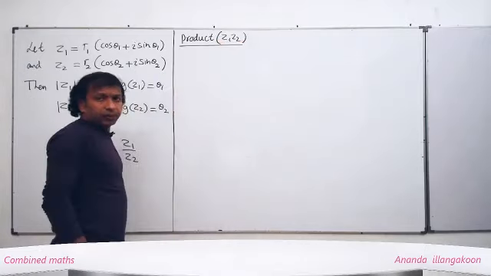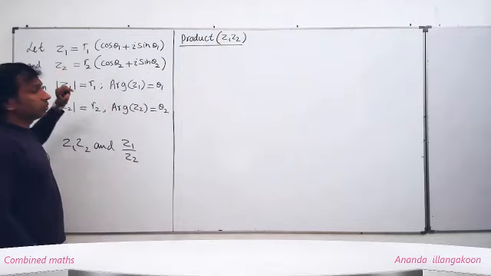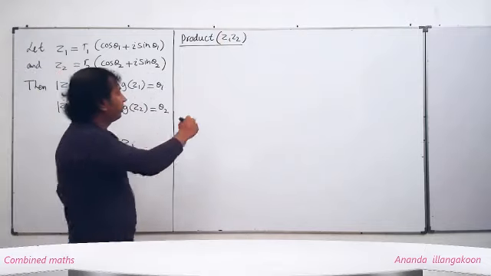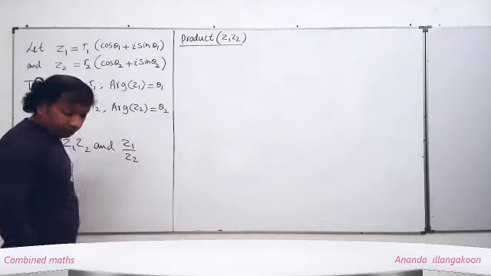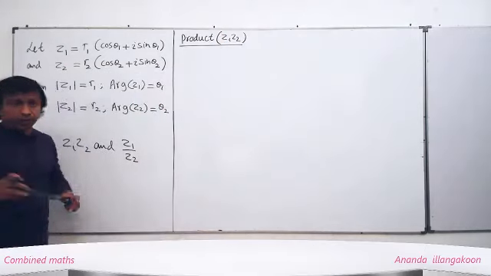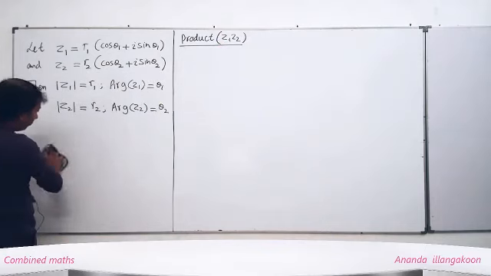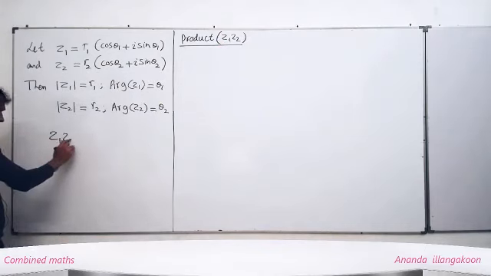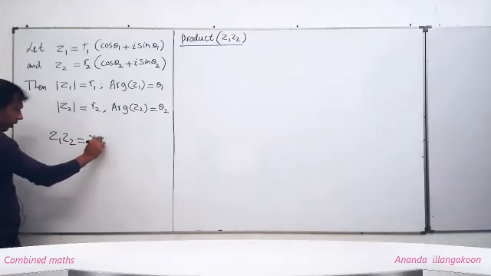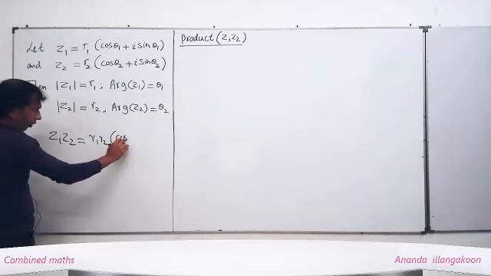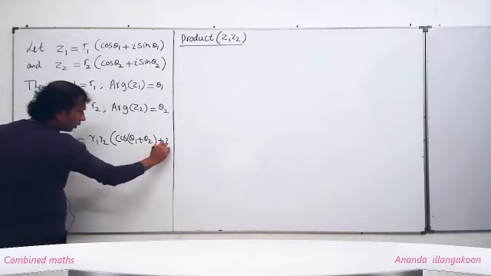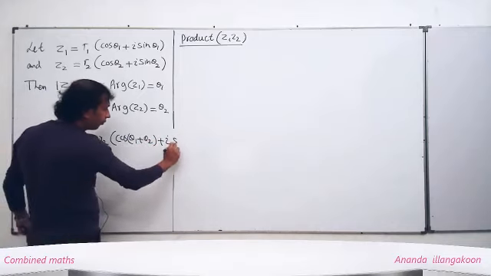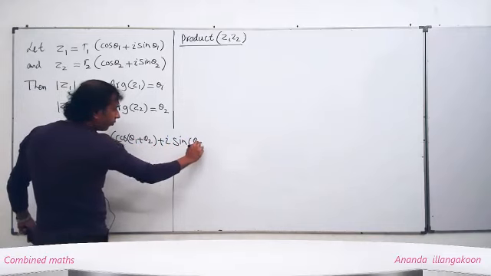Now, Z1 is this, Z2 is this. This is how we mark it. Now you can very clearly understand, we of course just now found the Z1, Z2 complex number is equal to R1, R2 (cos(theta 1 plus theta 2) plus i sin(theta 1 plus theta 2)), no?